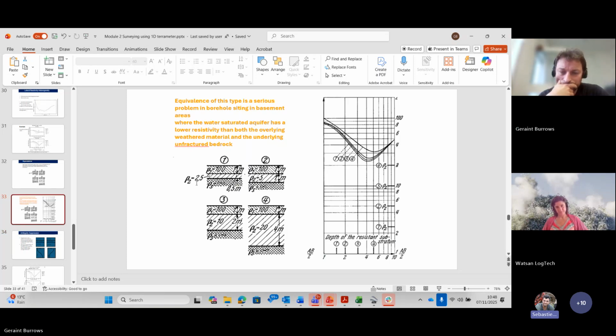So when I see the curve 1, 2, 3, 4, I don't understand. If the good layer is the one in between two, the middle one, why in the curve 1 do we identify the good layer with water so deep?